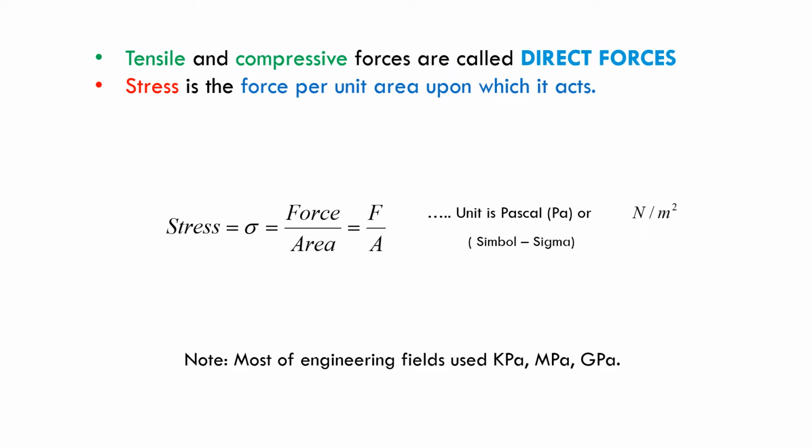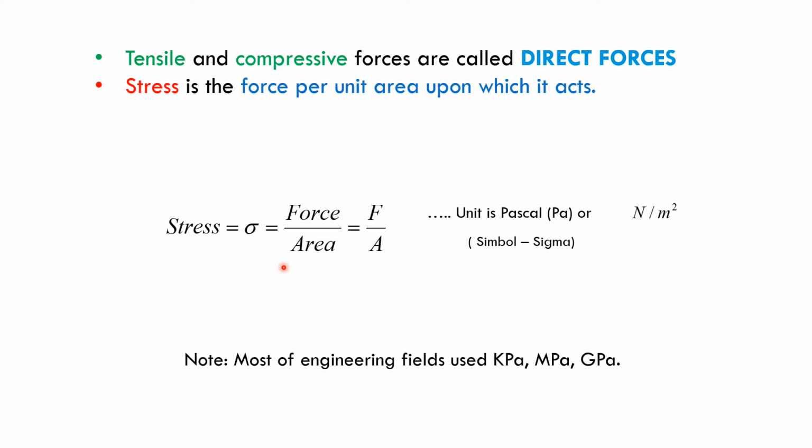For tensile and compressive forces, it is called direct forces. So for this stress, the force per unit area is usually used for the calculation, okay. So for example, if you look into the equation here, this is the stress, so it is the amount of force that is applied on the area, okay.